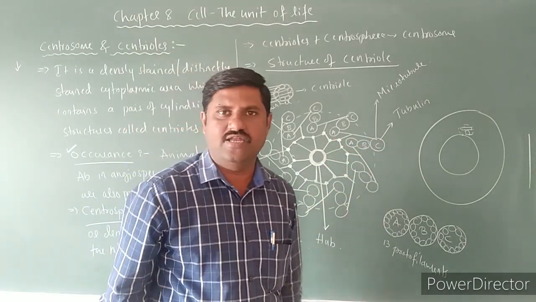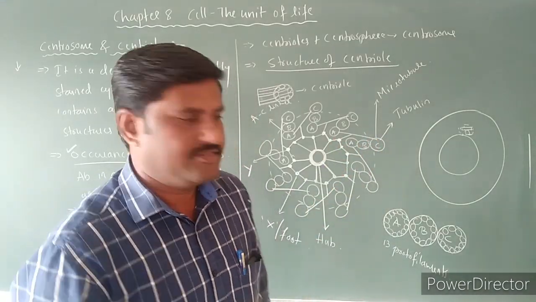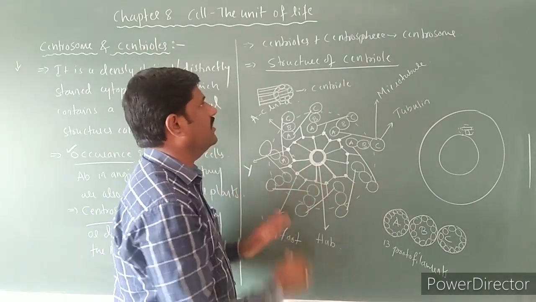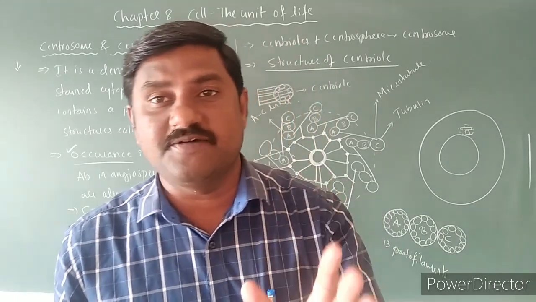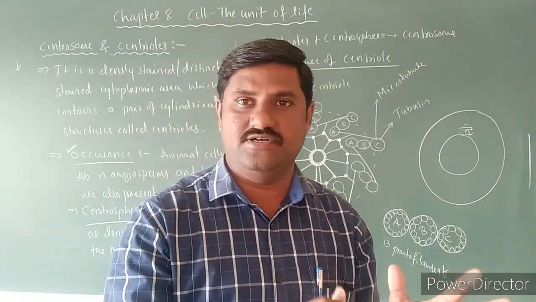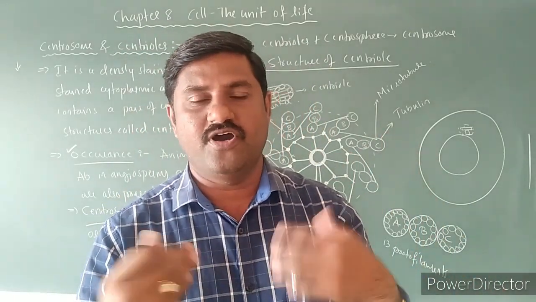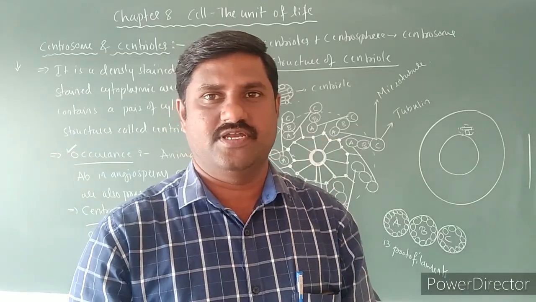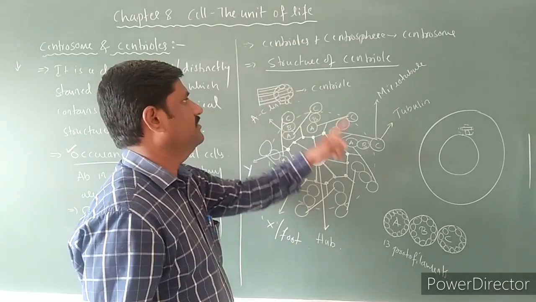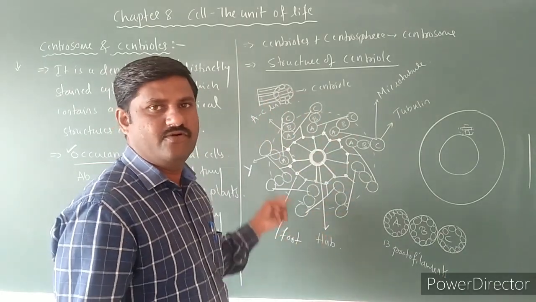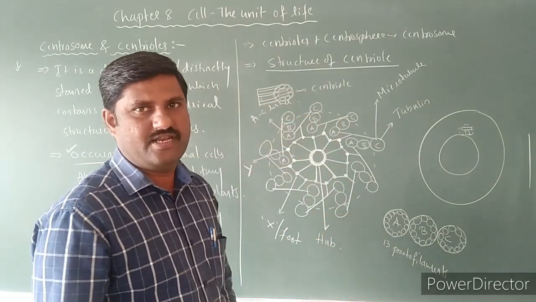A triplet. One triplet like this. So this is how the structure of one centriole is. Such a pair of centrioles lie in the centrosphere, forming the centrosome. Right? So I hope it is very clear, the structure of one centriole, right?